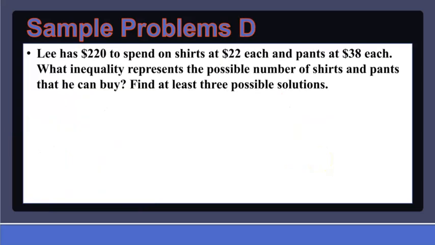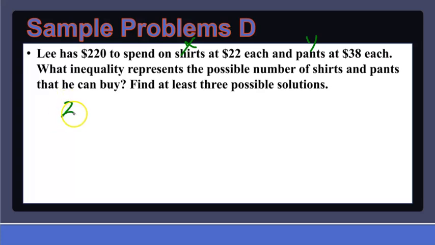And this next one: Lee has $220 to spend on shirts at $22 each and pants at $38 each. What inequality represents the possible number of shirts and pants that he can buy? Find at least 3 possible solutions. So we need 2 variables. I'm going to use x for shirts and y for pants.